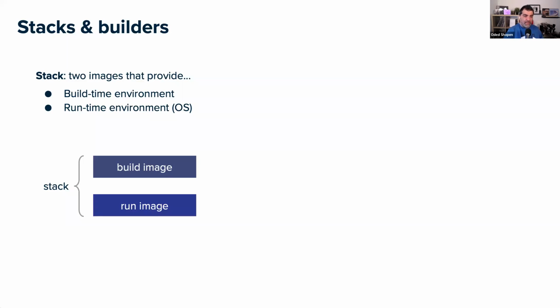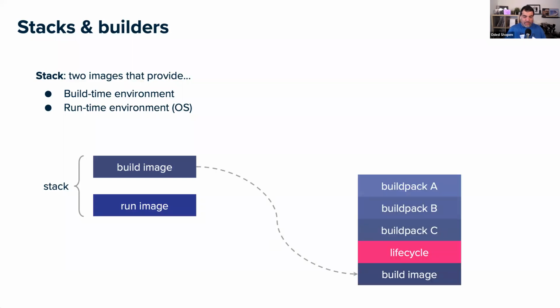That's why we even build the actual container in a container by itself, okay? So there is a build image for the build time environment, and there's a run image, which is basically the base operating system we're going to use to actually run the final artifact image, okay? So the build image is going to do the whole process. Basically, everything we saw happened in a container on that machine. It ran through the lifecycle, it built various layers, etc.